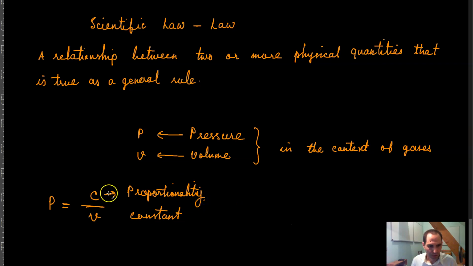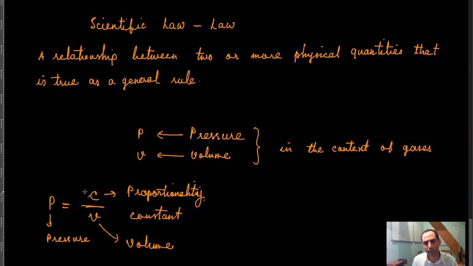So now I have a relationship between the pressure and volume of all gases. Let's say of all gases for the sake of simplicity and for the sake of this discussion. And this relationship between the pressure and the volume of all gases is called a scientific law.